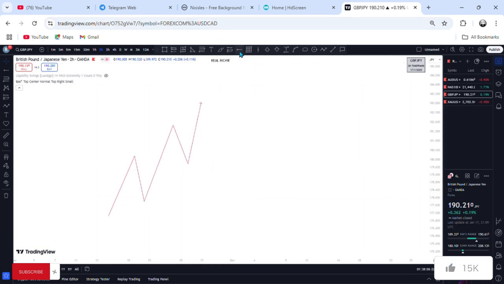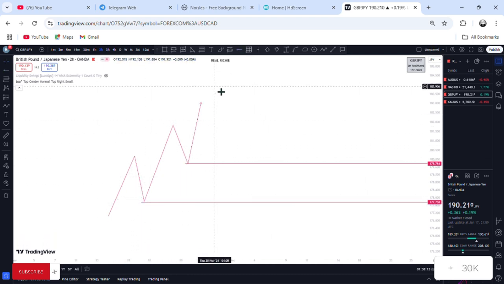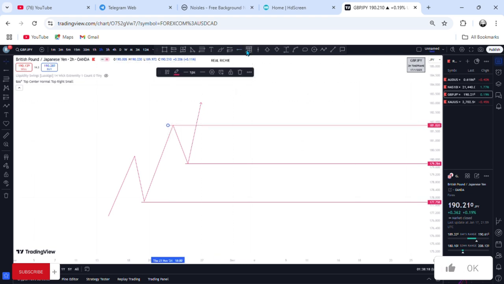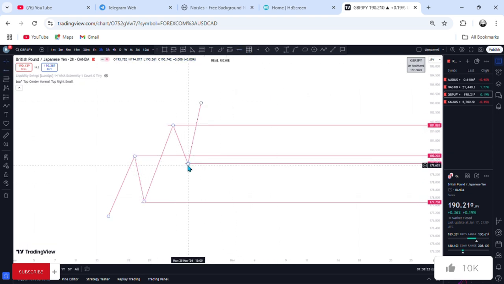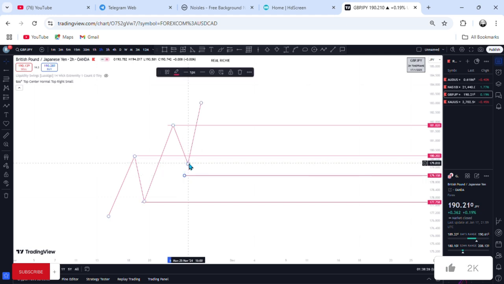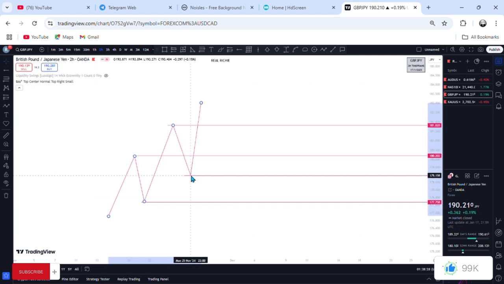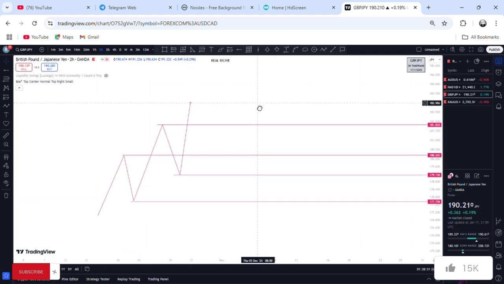Okay, so these are the swing lows here. This is an uptrend, right? So this is all the swing lows, and this is all the swing highs. These are the swing highs. Let me bring this on a little bit for you. So actually, these are the swing lows.